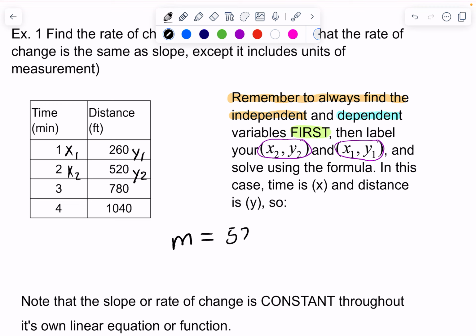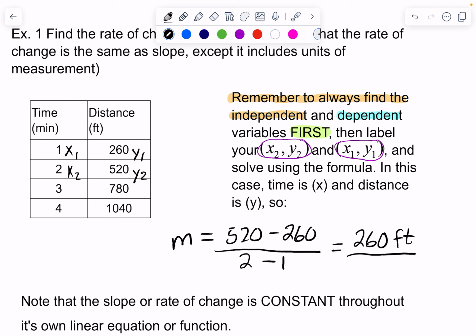So y2 minus y1 over x2 minus x1. So this is going to give me 260 feet every 1 minute. So my rate of change here is increasing by 260 feet per minute.